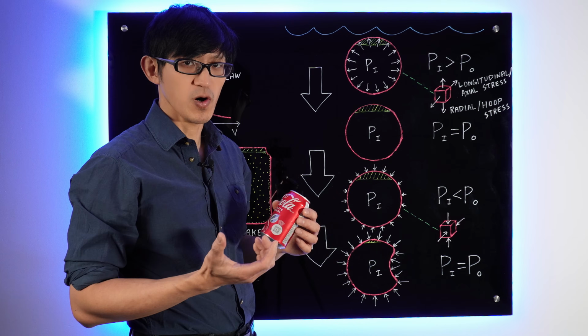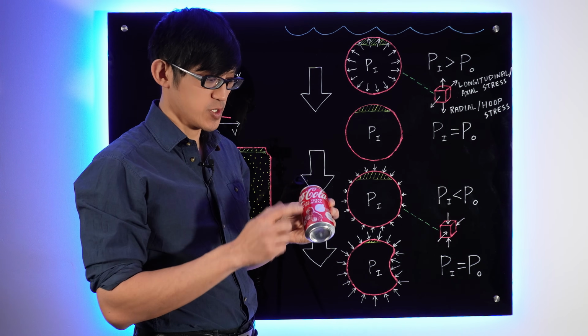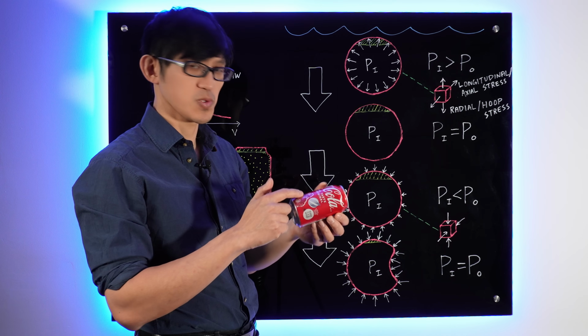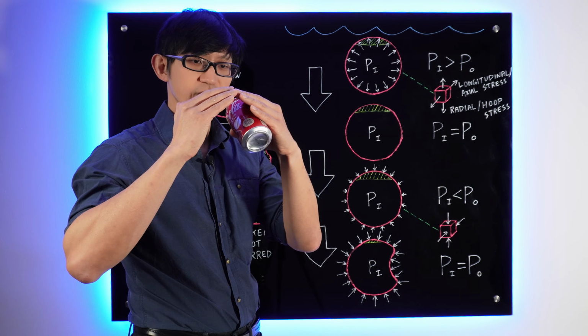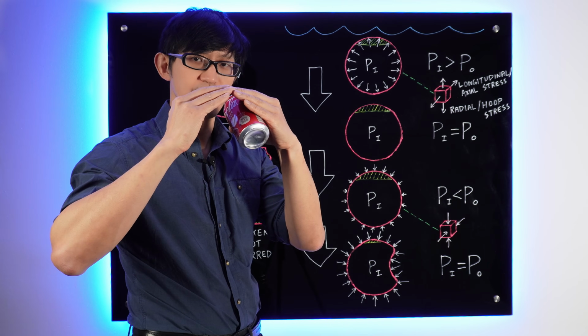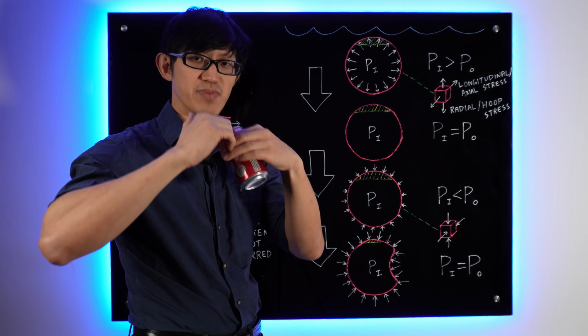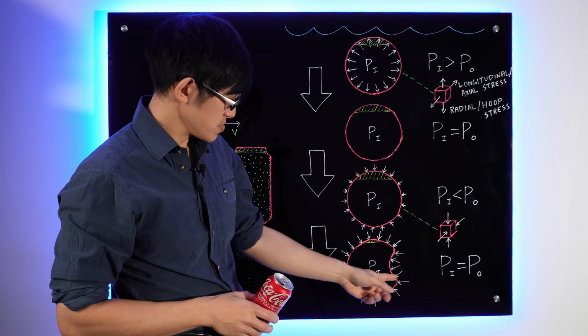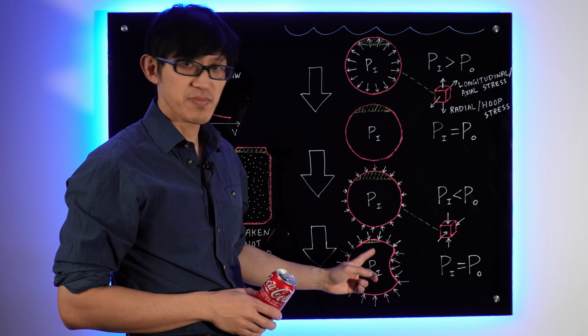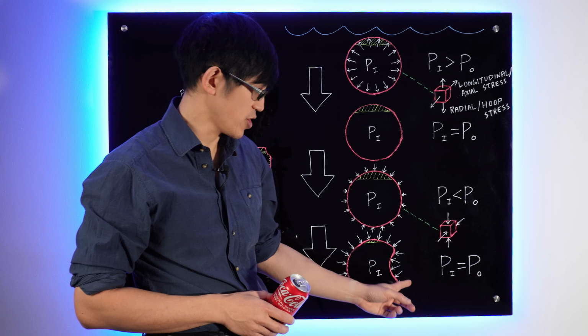But because it's a thin wall and there's undulations and dents along the surface of the can, what's going to happen is it'll begin to press, and then at the dent, it'll begin to buckle immediately. And once that happens, the internal pressure would go up and eventually equalize with the external pressure.